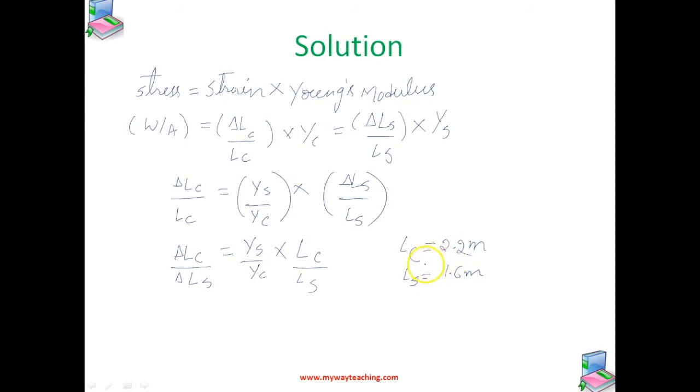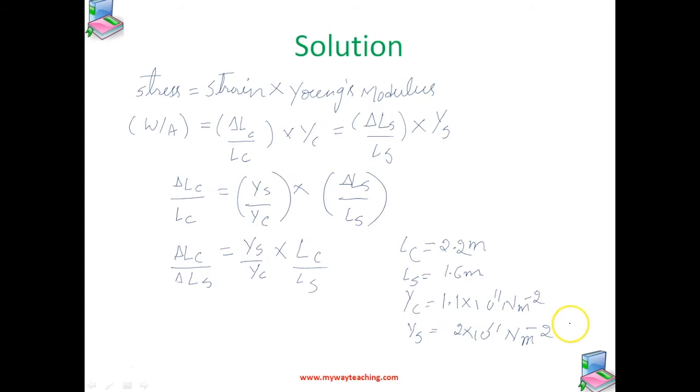We know from the table we studied that the Young's modulus of copper is 1.1 into 10 raised to 11 Newton per meter square, and the Young's modulus of steel is 2 into 10 raised to 11 Newton per meter square.